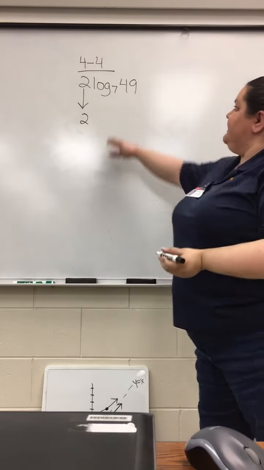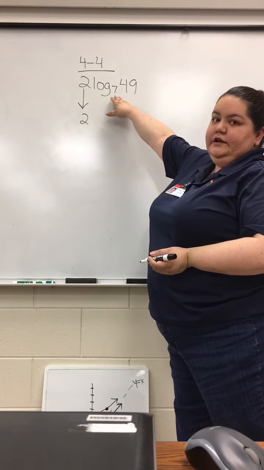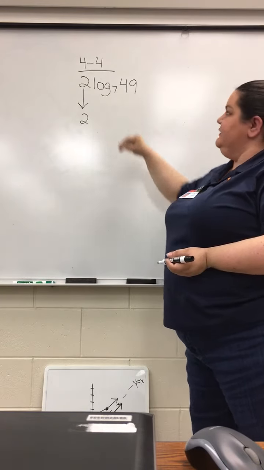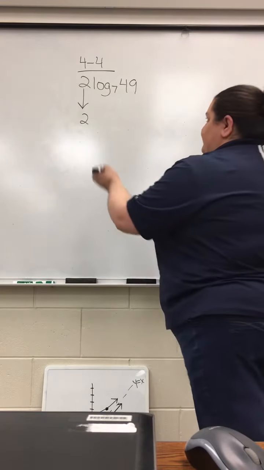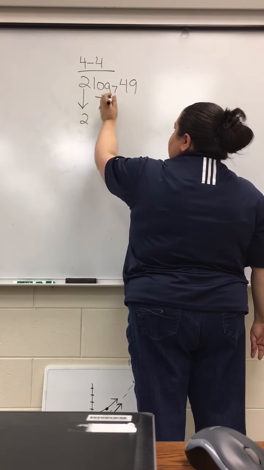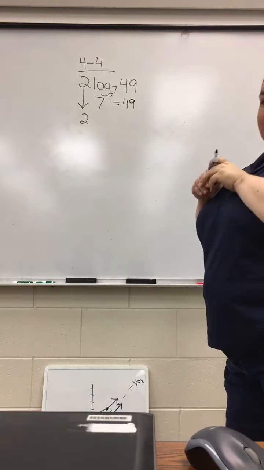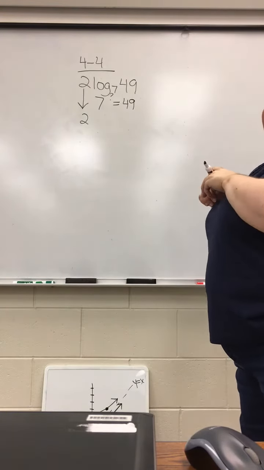Then we're going to have to look at this because it's not a base 10. Remember I said if there's either no number here or it's 10, it's always base 10. Since there's a 7 here, we're going to go 7 to what power will equal 49? Okay, so in this case it will be 7 squared.